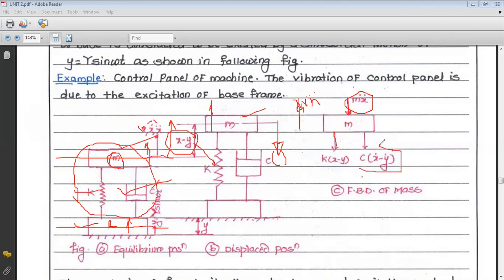So this is the damping force, because the total displacement is x minus y, so the velocity is x dot minus y dot. And the excitation is given as y equals capital Y sine of omega t.